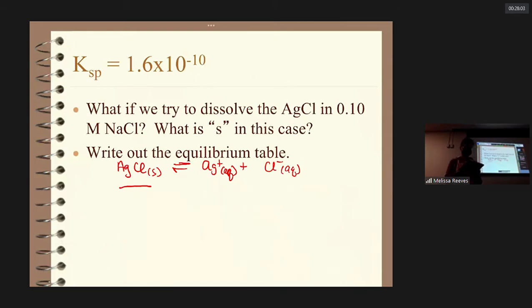Initially we have no silver, but we have 0.1 molar chloride, because that's part of sodium chloride. We're going to gain x's there, and we're going to end up with x and 0.10 plus x.